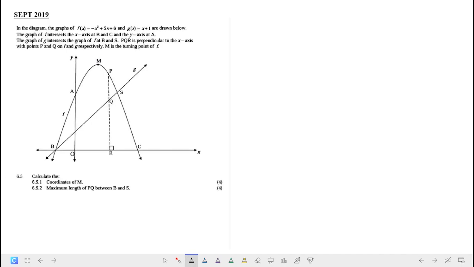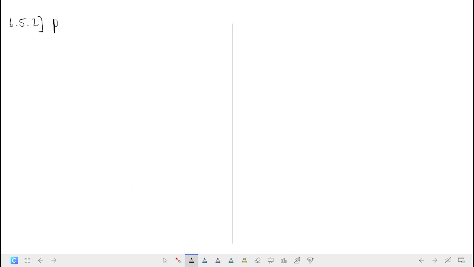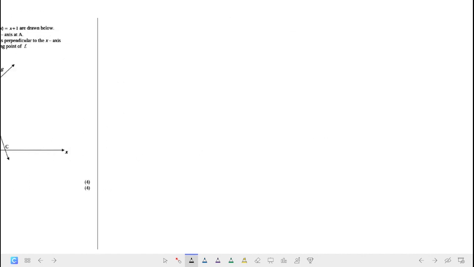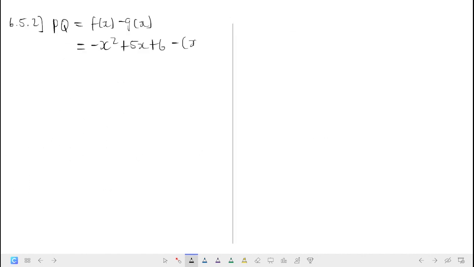Now, what we're going to do here, in 6.5.2, we're going to say PQ, like we said earlier, is equal to f of x minus g of x. Now this means it's going to be minus x squared plus 5x plus 6 minus (x plus 1).